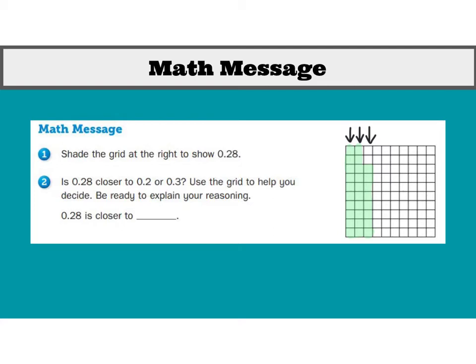So, can you figure out the answer? Is 28 hundredths closer to 0 and 2 tenths or 0 and 3 tenths? Hopefully you figured out that it is 0 and 3 tenths because we only needed 2 more squares to make that 3 tenths. Alrighty, nice job.